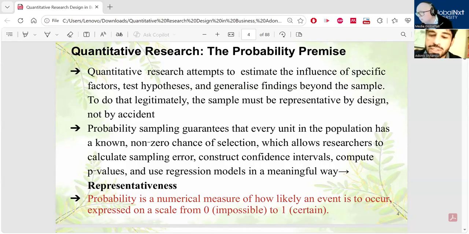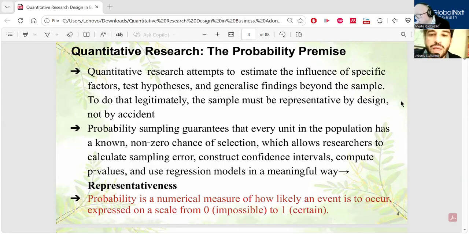So we have the entire population, for example, customers of a very specific company, of a very specific business sector, and we want to get a sample which is going to adequately represent the population. This is exactly what probability does. It allows us, through probability sampling, to get a very representative sample, which allows us to generalize the results eventually.